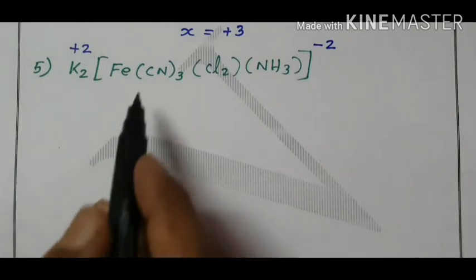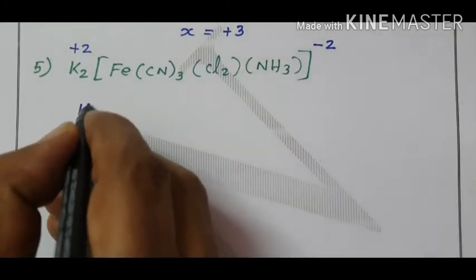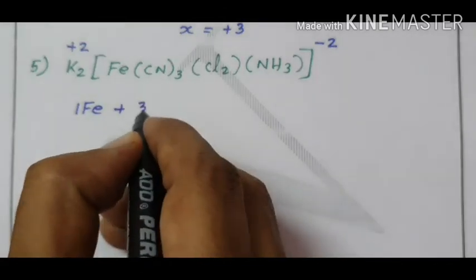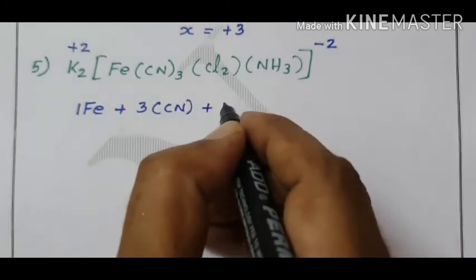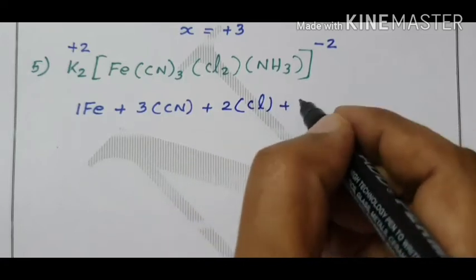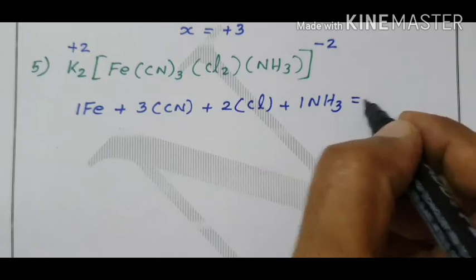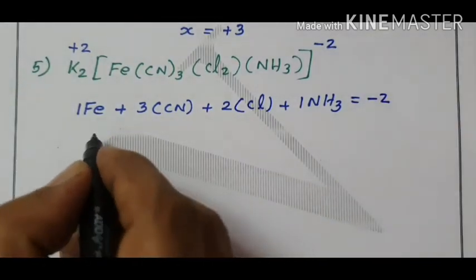Now, we can separate all these. We have 1 Fe as central metal ion plus 3 CN plus 2 Cl plus 1 ammine NH3 equal to minus 2.